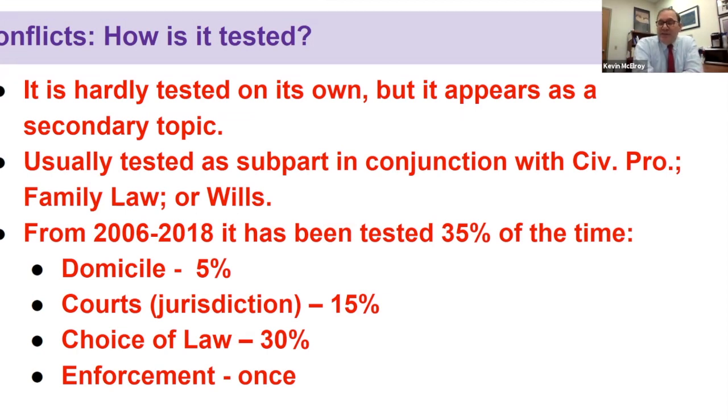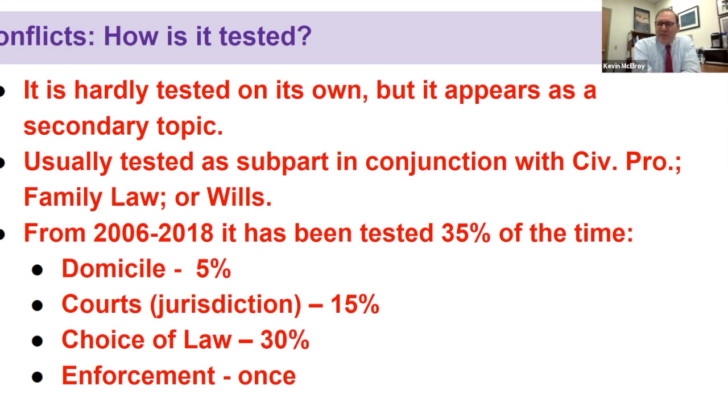It is usually a secondary topic, usually in Civ Pro questions. So you might have a question about whether it's jurisdiction, along those lines, whether or not service was proper, whatever type of civil procedure question they may want to give.